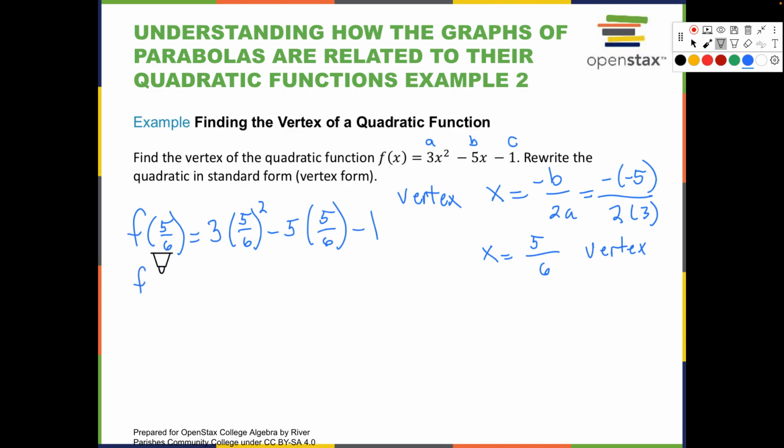This is going to give us the y-coordinate of the vertex. 5/6 squared is going to be 25 over 36 times 3. I think 3 is like 3 over 1, so we'll get some canceling there. This is going to give us 5 times 5, which is 25 over 6 minus 1.